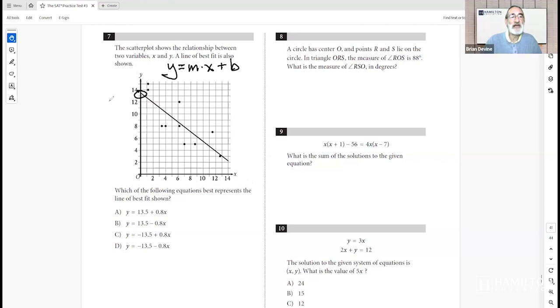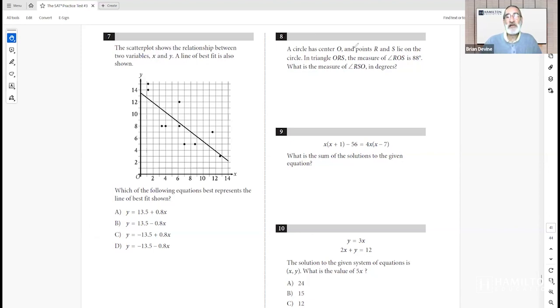And I can see the y-intercept b must be positive 13.5, which means that C and D are not the equation we want. And I can see that the slope went down as we move to the right, which means that I have to have a negative slope, and I can verify it. It's about negative 0.8. So A is not the answer because B is the only one that has a negative slope and a positive y-intercept.